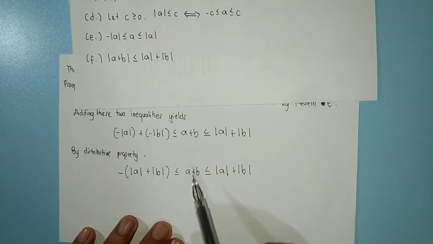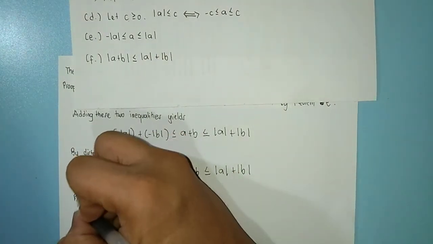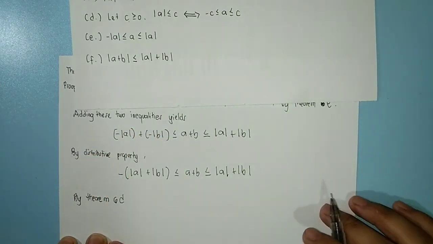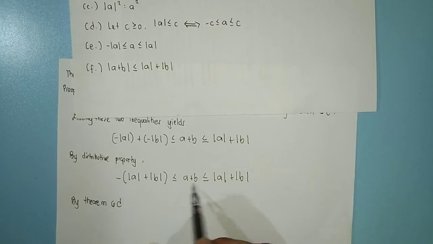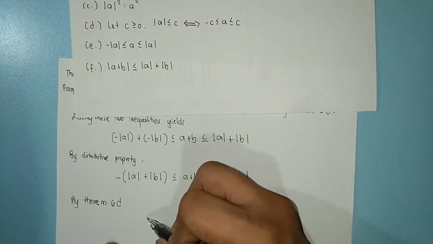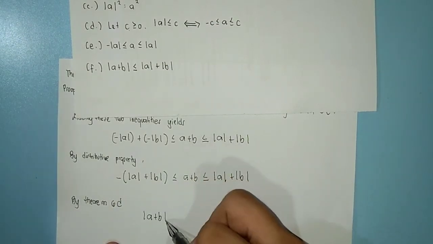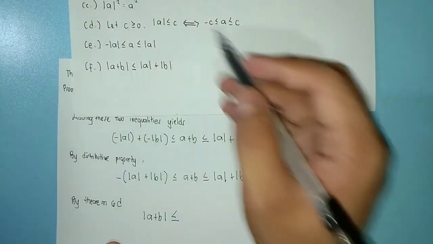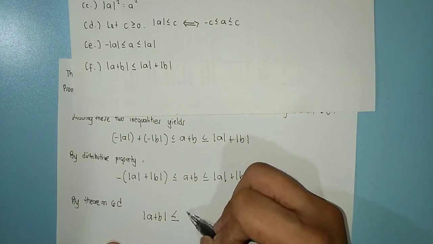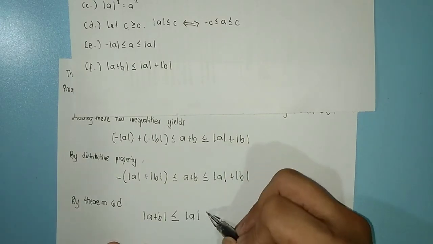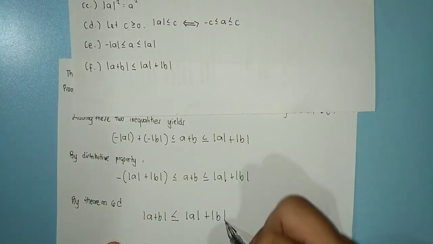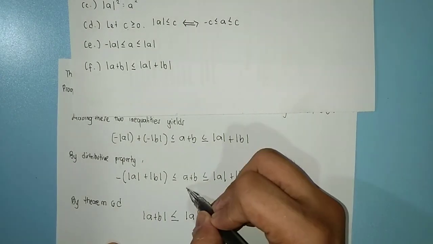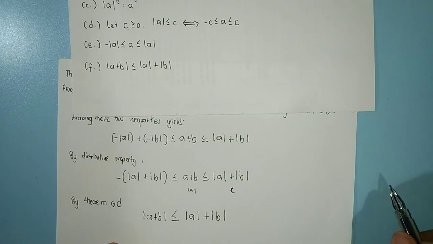So, dito, by theorem 6D, yung absolute value ng A plus B will be less than or equal to, ito kinukuha ko yung idea na ito, less than or equal to absolute value of A plus absolute value of B. Kumbaga, ito yung nagsilbing C. Ito yung nagsilbing absolute value ng A. Okay?